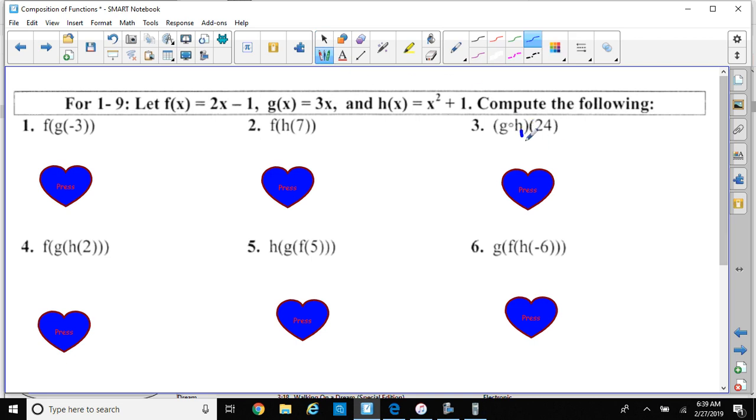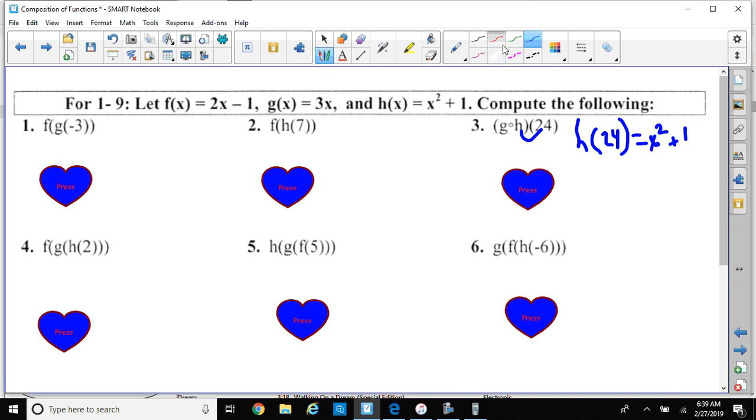So h of x, h of 24. So we're going to go to the h function, which is h of x equals x squared plus 1.